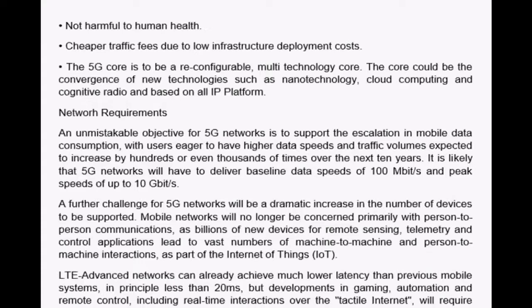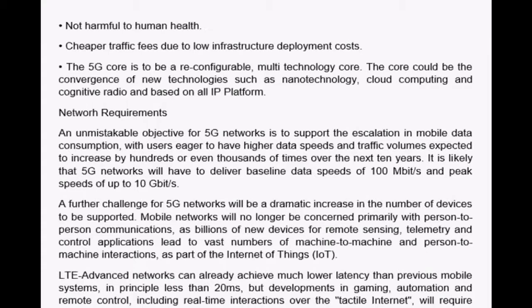An unmistakable objective for 5G networks is to support the escalation in mobile data consumption, with users eager to have higher data speeds, and traffic volumes expected to increase by hundreds or even thousands of times over the next 10 years. It is likely that 5G networks will have to deliver baseline data speeds of 100 Mbits per second and peak speeds of up to 10 gigabits per second.